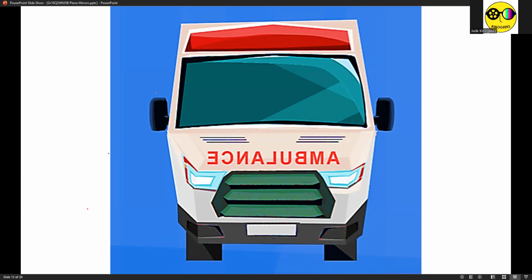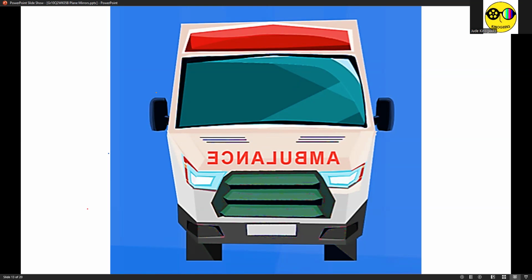That's actually intentional, because if other drivers cannot be signaled by sirens, then by looking at the side mirror, they can see the correct and clear as well as the readable version of the word ambulance. Which is a calling card for urgency and sense of emergency, because someone has their lives in danger and we need to rescue them immediately.